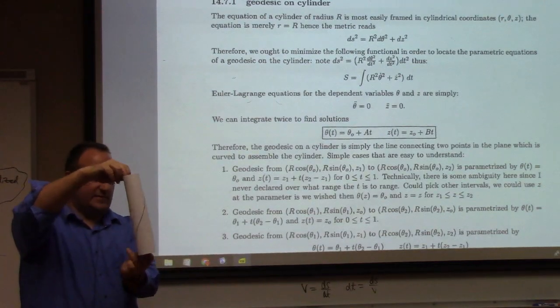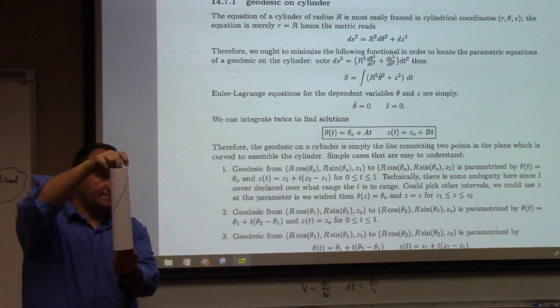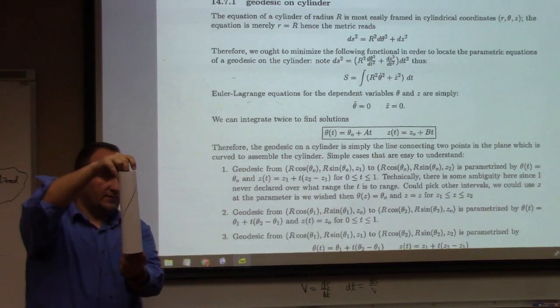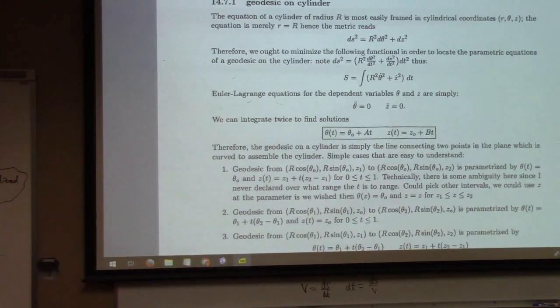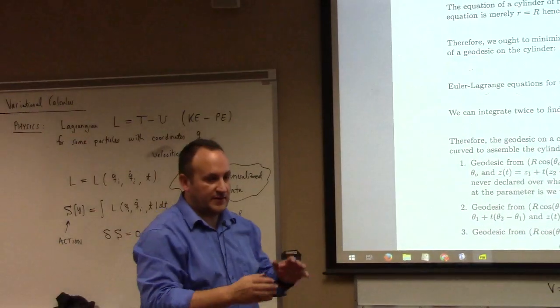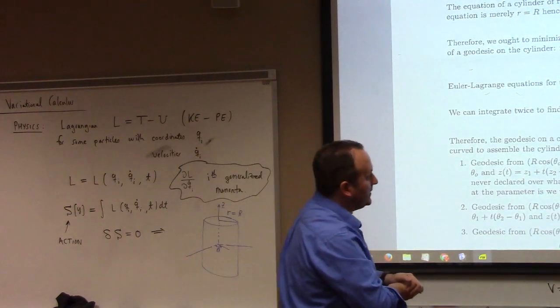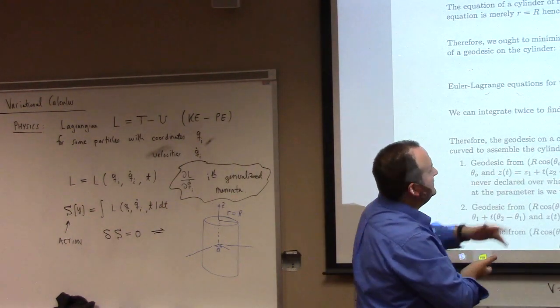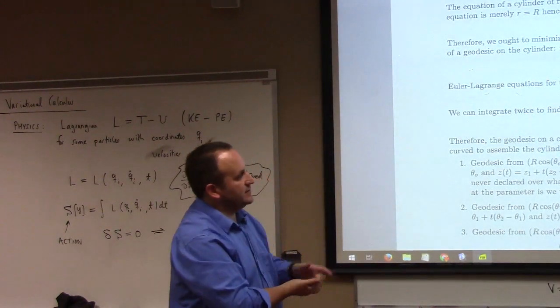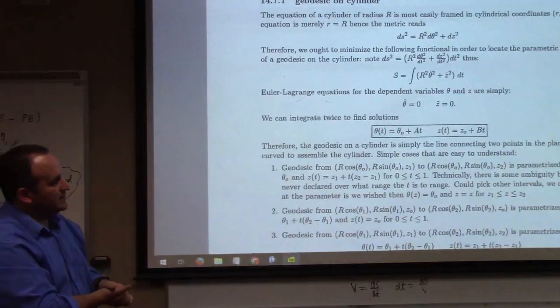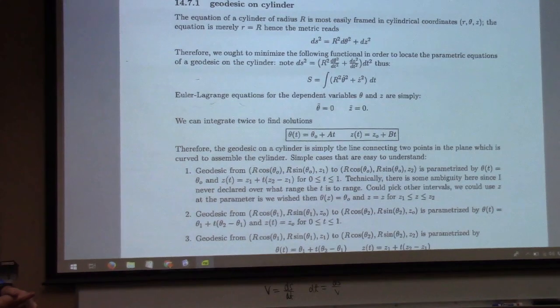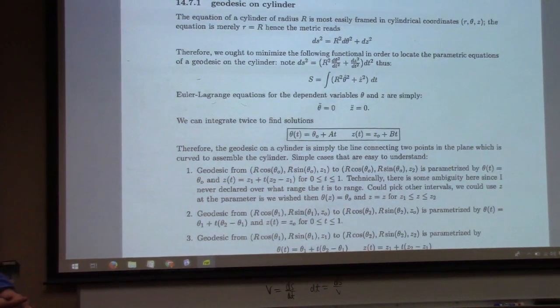That line is the geodesic on the cylinder, just like that. So if I go flat like this, you could think of this as just being theta and z, or vice versa, and then you curl it up to give the cylinder, like that. So it's relatively easy to find geodesics using the Lagrangian as being just the integral of ds squared.